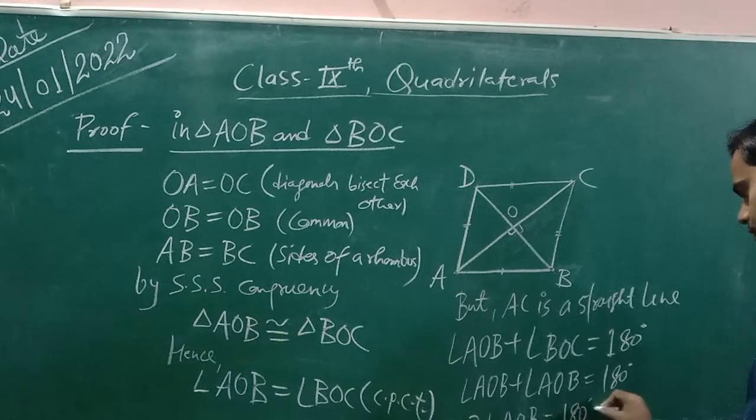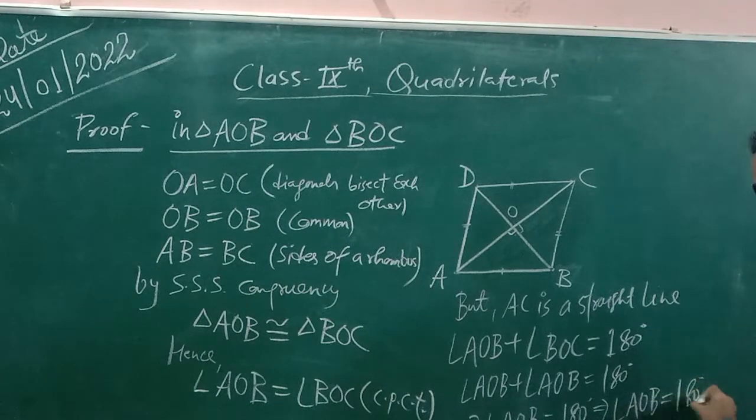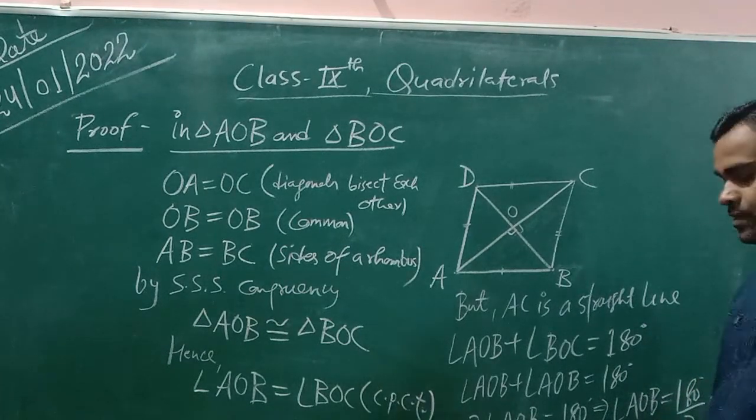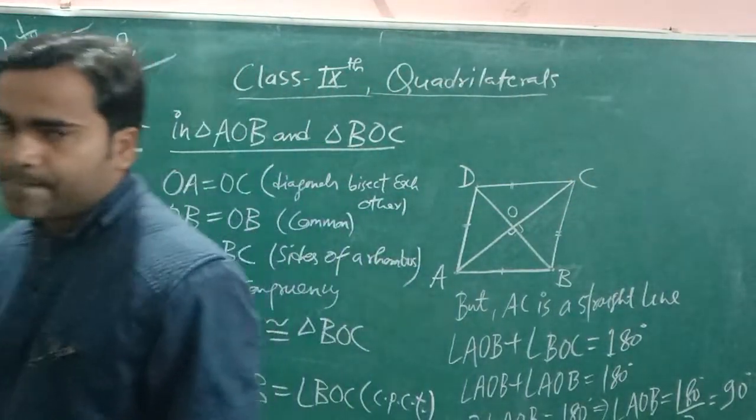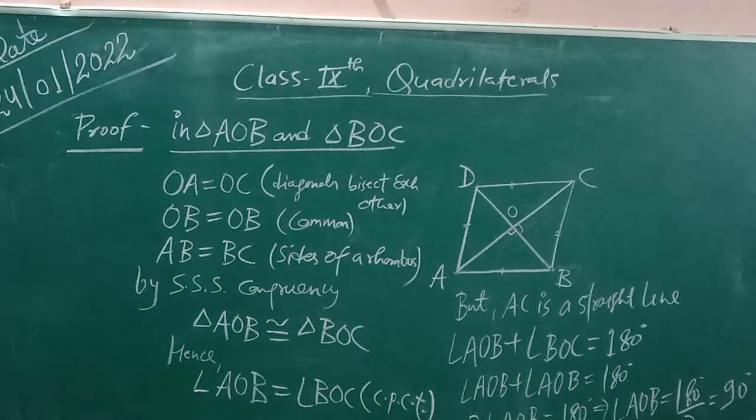Just write it down. Angle AOB is equal to 180 upon 2, means 90 degrees. It is the proof that diagonals of the rhombus bisect each other at 90 degrees.